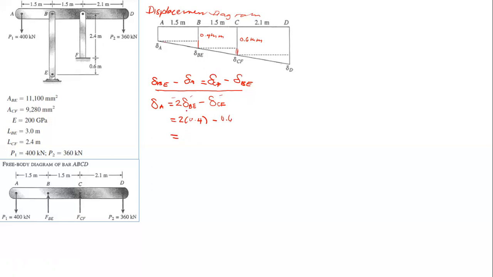Therefore, our displacement, or vertical movement, at A is 0.2 mm. Okay? So we have solved the vertical movement at A.